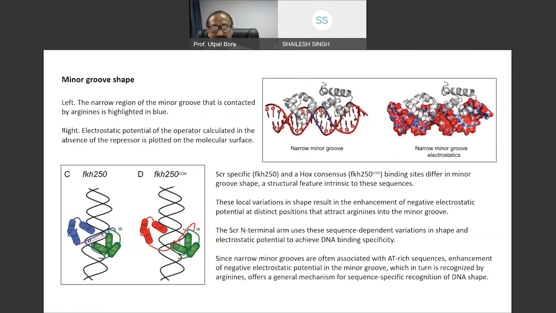Now you have here one molecule which is Scr specific. This is Fkh250 under figure C on the right hand, and a Hox consensus Fkh250con. So here the binding sites differ in minor groove shape, a structural feature intrinsic to these sequences.